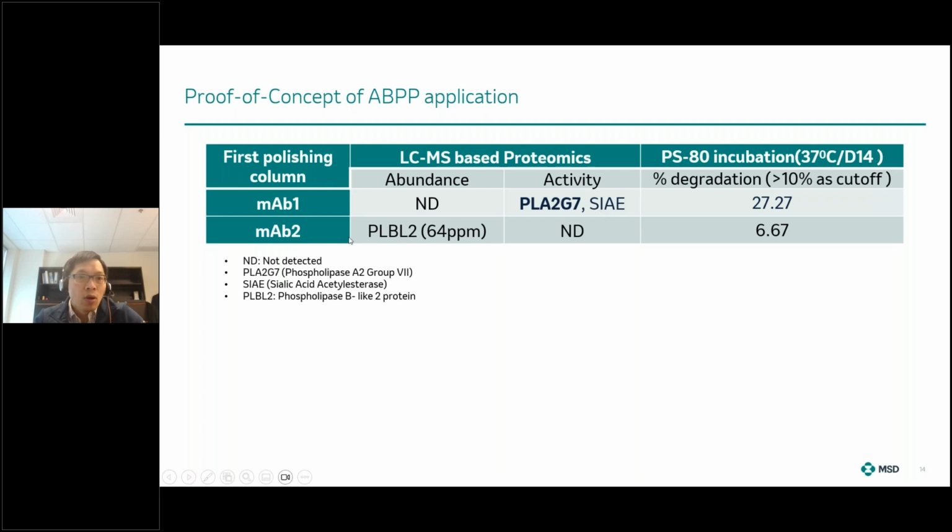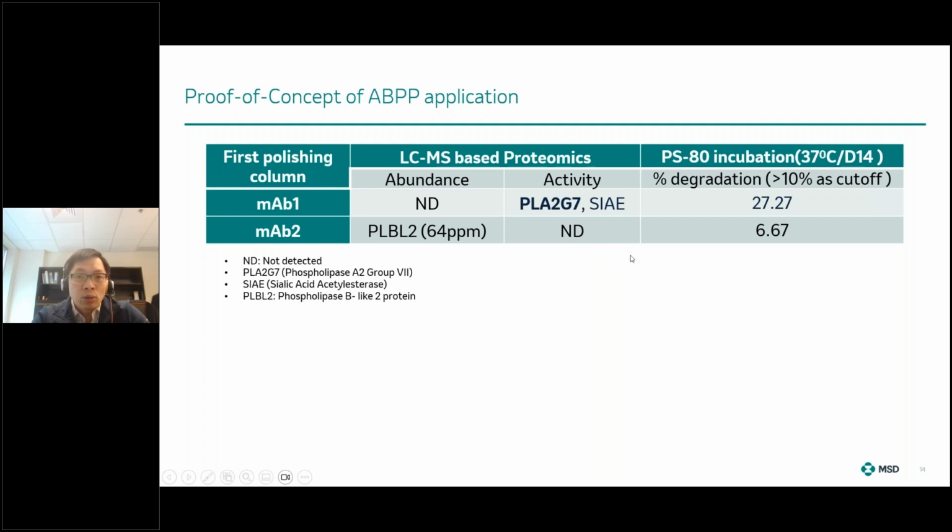For the other mAb, we did not see significant degradation, and we only identified PLBL2 by abundance proteomics. We know PLBL2 is not responsible for polysorbate degradation, and with activity-based proteomics, we did not identify any active lipases in this sample.